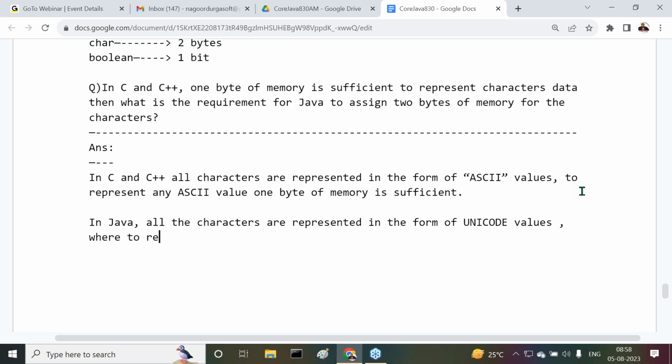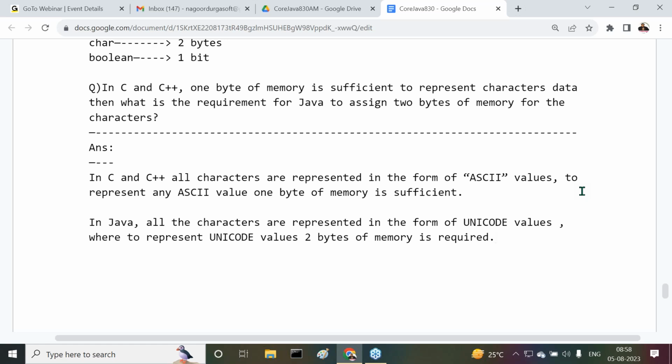To represent Unicode values, 2 bytes of memory is required. A single byte is not sufficient to represent Unicode values, where 2 bytes of memory is required to represent Unicode values.